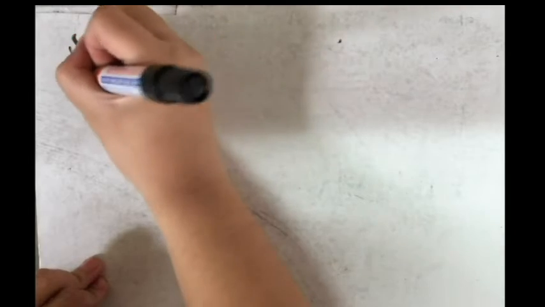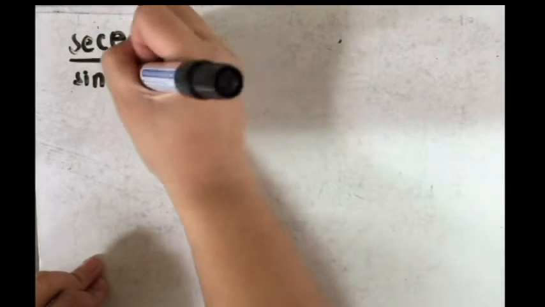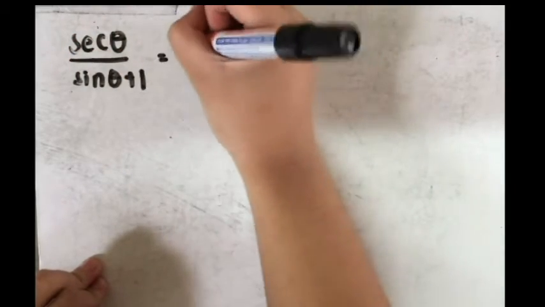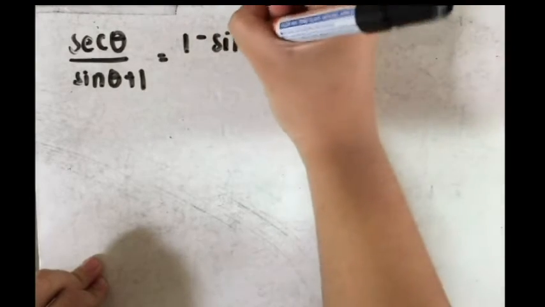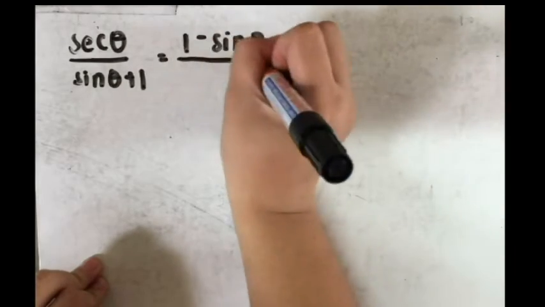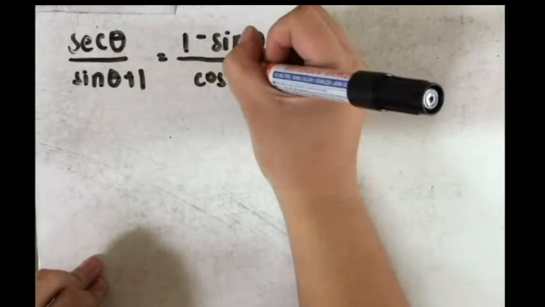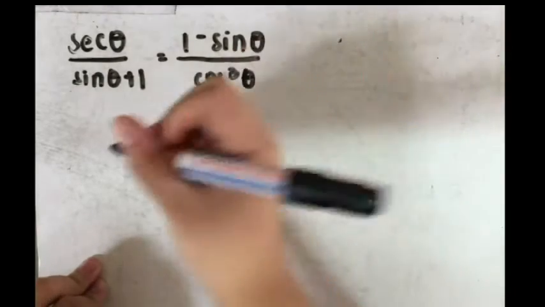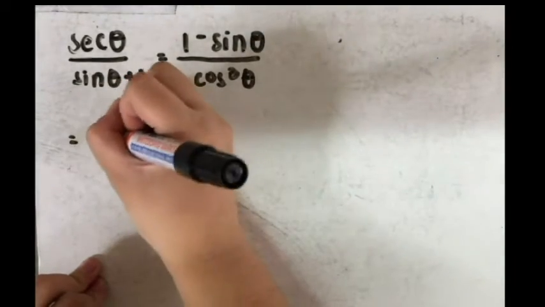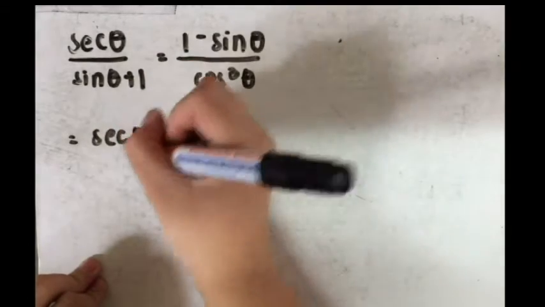The given is secant theta over sin theta plus 1 equals 1 minus sin theta over cos squared theta. First, focus on the left side.